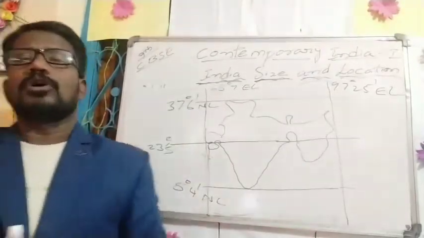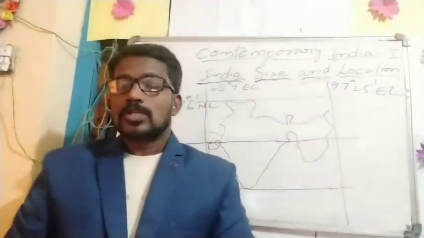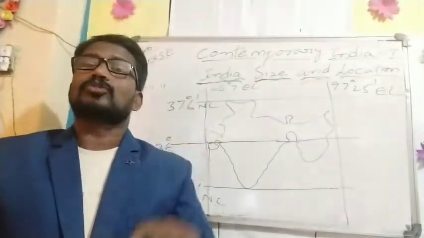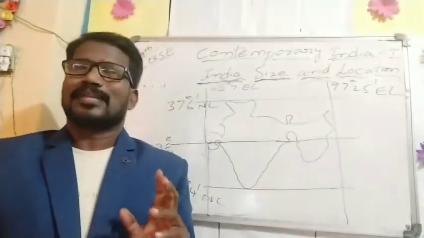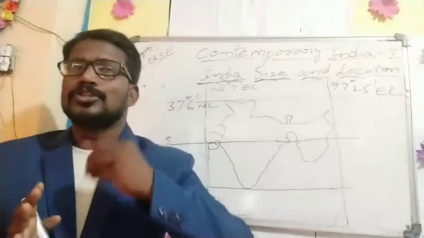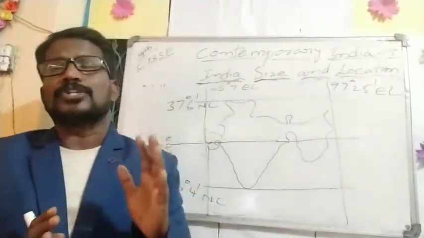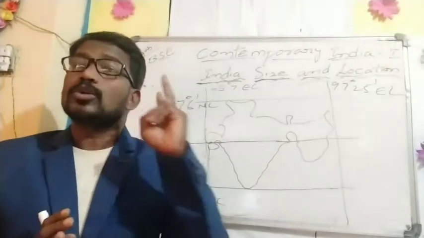And the next one, one more point about the Tropic of Cancer. The Tropic of Cancer, 23.5 degree or 23 degree 30 minutes north, divides the country into 2 equal parts.